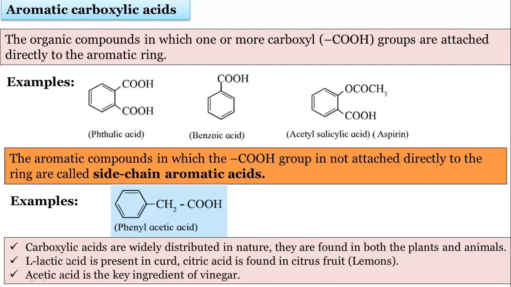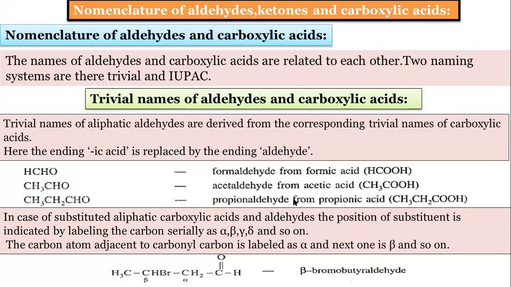Additional information I will share: carboxylic acids are widely distributed in nature. They can be found in plants and animals also. L-lactic acid is present in curd. Citric acid is found in citrus fruits, lemons. Acetic acid is a key ingredient of vinegar. This may be asked as an MCQ for JEE, NEET, and also CET.